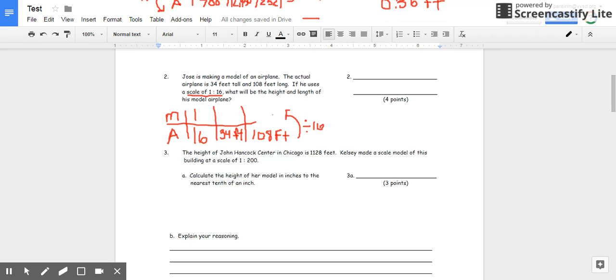So we have to take 34 feet and divide that by 16, and I get 2.125. And you should also be typing this into your calculator at your seat. Okay, next one. 108 feet divided by 16, and I get 26 feet.